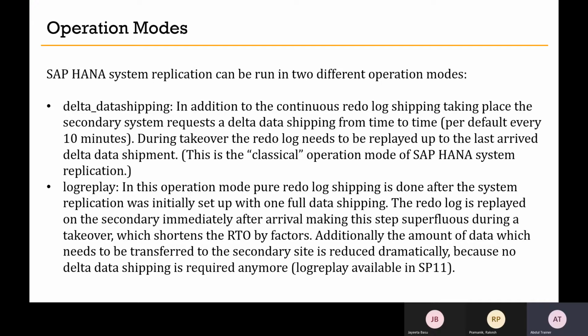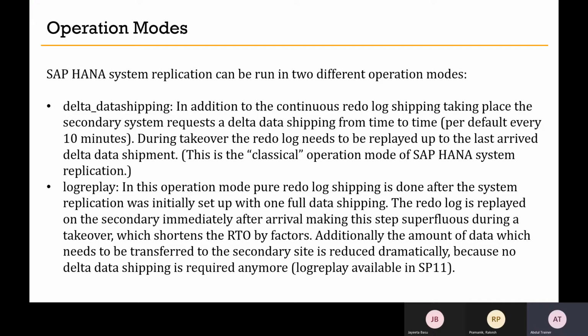Okay, but if we set the log replay underscore read access, then the secondary will take the read command. So you can log into the secondary database from the HANA Studio. But in the delta data shipping and the log replay, you cannot log into the secondary database.